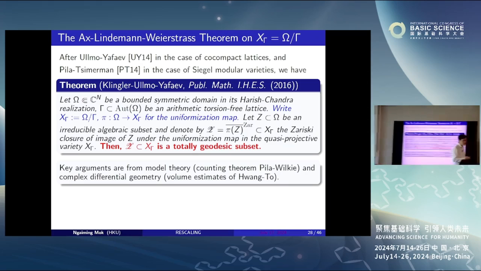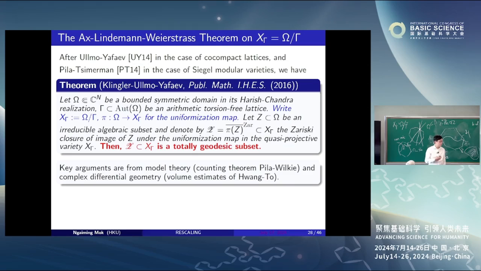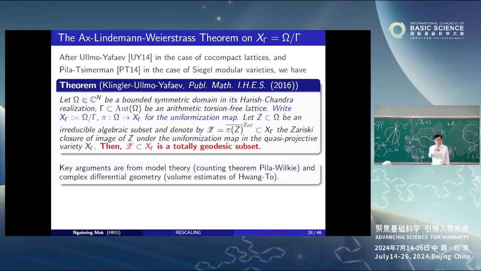It makes use of Hodge theory, complex differential geometry and work of Hwang and To, and also, very importantly, makes use of what is called o-minimal theory. So this o-minimal geometry found its way into complex geometry. This was already in the conference in Italy, for instance. So there were many different applications of o-minimal geometry.